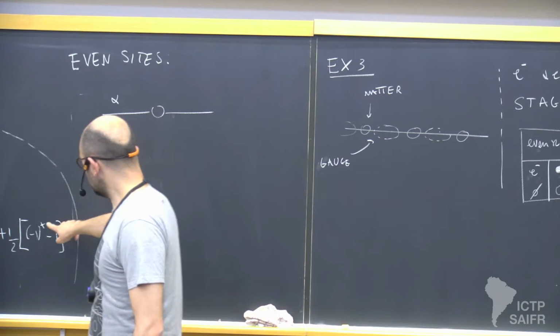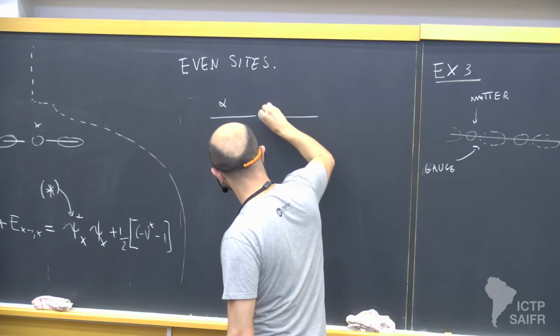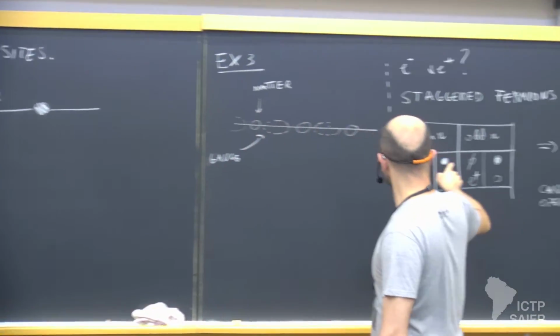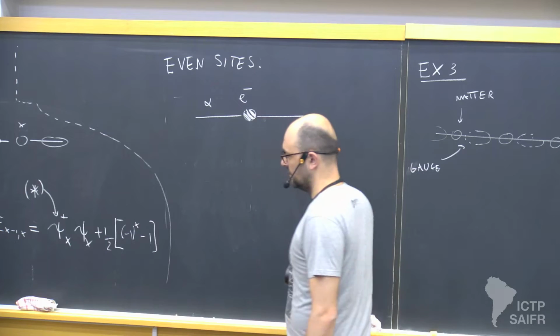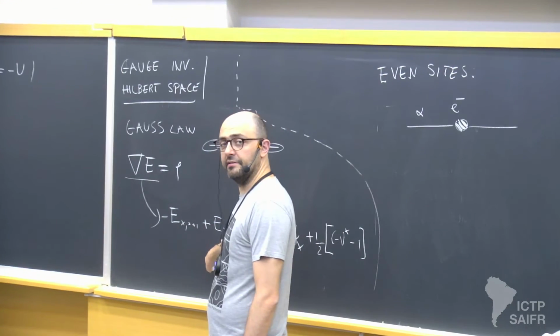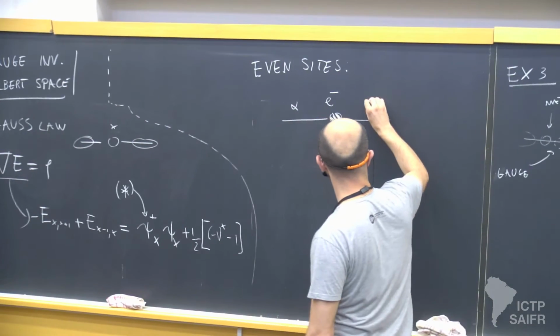Now, on the even site, this is 0. Suppose that now you have a full site. Having a full site on an even site is equivalent to having an electron. Now we can read off the value of this electric field. This will be equal to alpha plus 1.